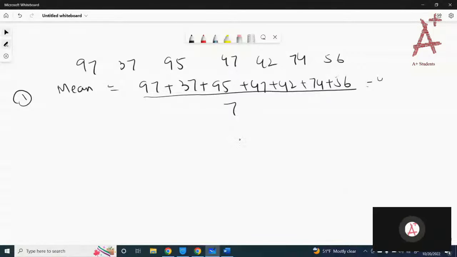It is 448, and divided by 7 is 64. That means the mean of the data is 64.